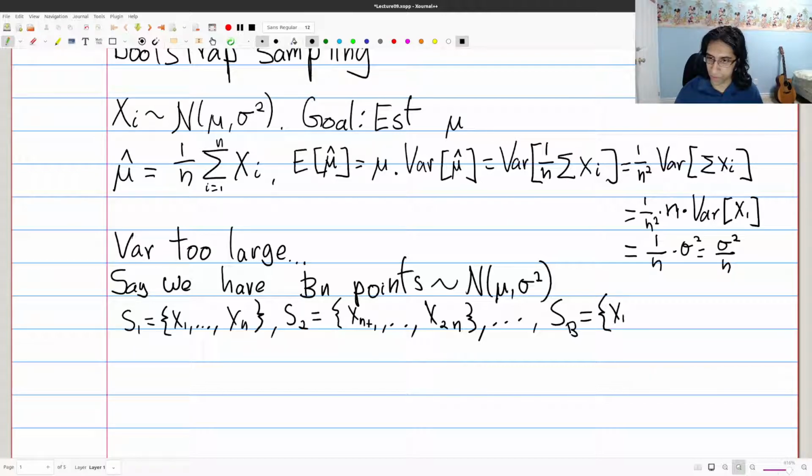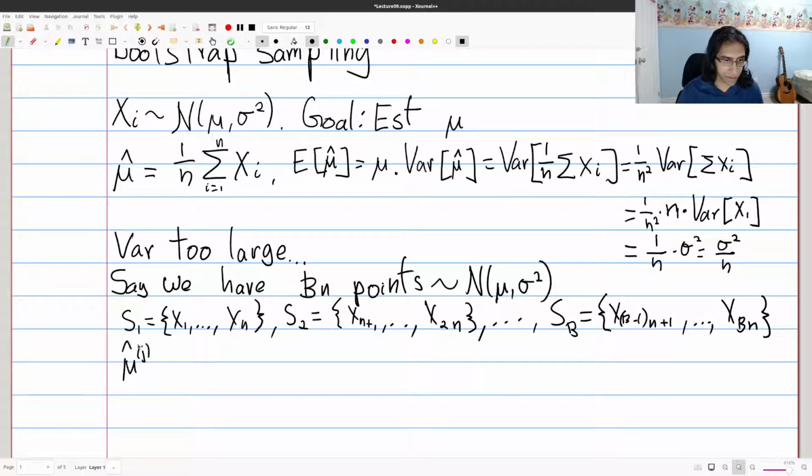So this is going to be x sub (b minus 1) times n plus 1 all the way up to x sub bn. So we're just splitting our data set into a bunch of independent disjoint partitions, and then we define an estimator on each.